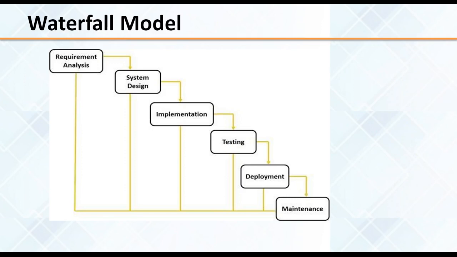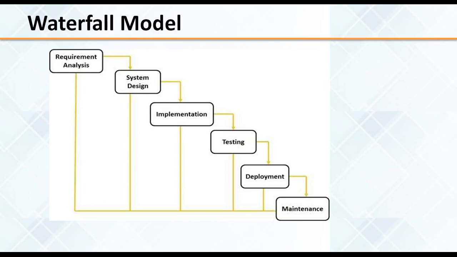The advantage of this model is that in every phase we have clear requirements, with certain documents. In the requirement analysis phase, we collect all the requirements from the customer and make the documentation. We hold some reviews and then move on to the system design phase.